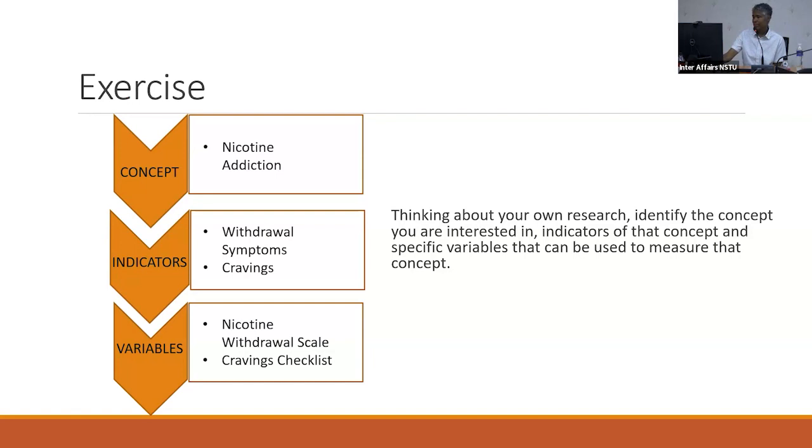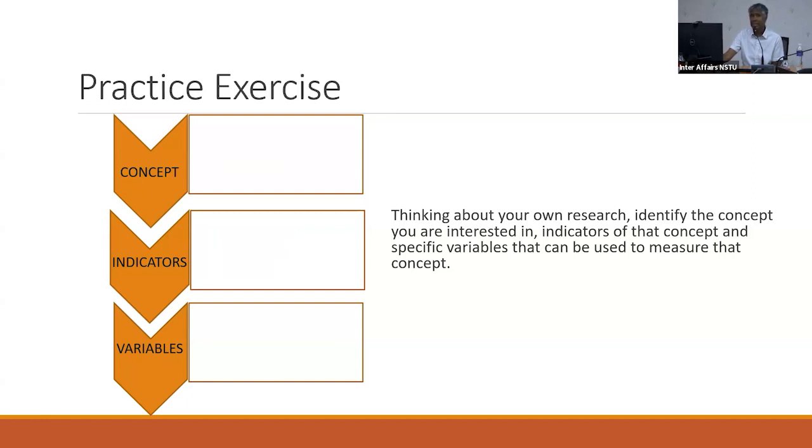So here's the example. My concept was nicotine addiction. My indicators were withdrawal symptoms and craving. And the variables that I choose to measure it accurately are standardized measures of craving and withdrawal symptoms. So let's have you practice that at home later today based on your own research.